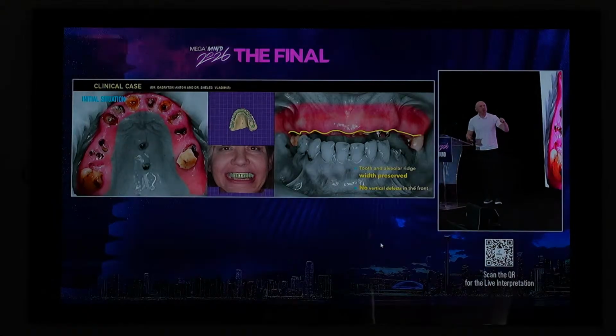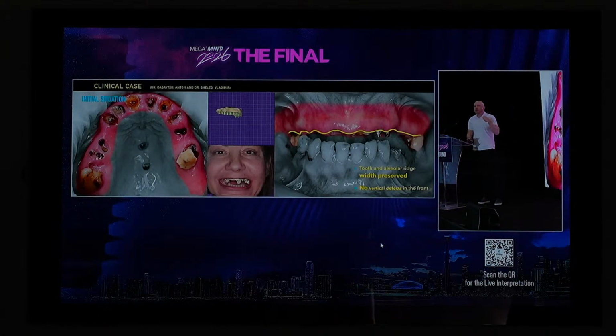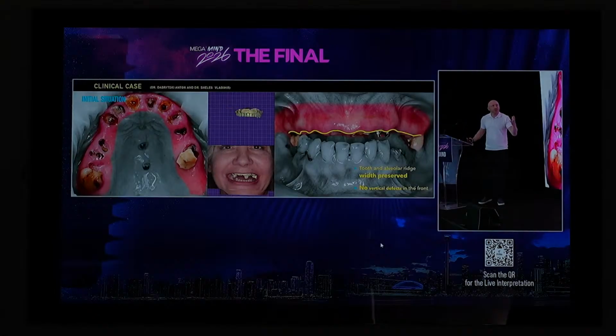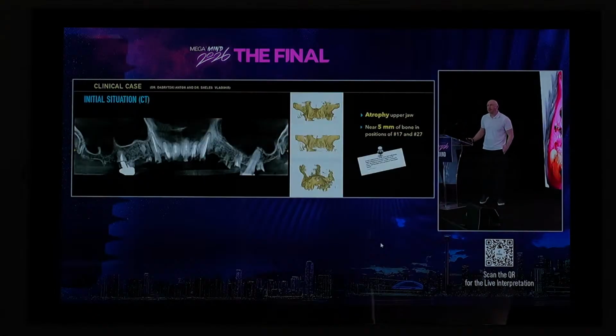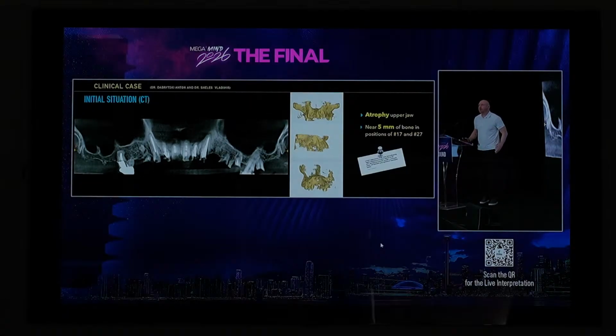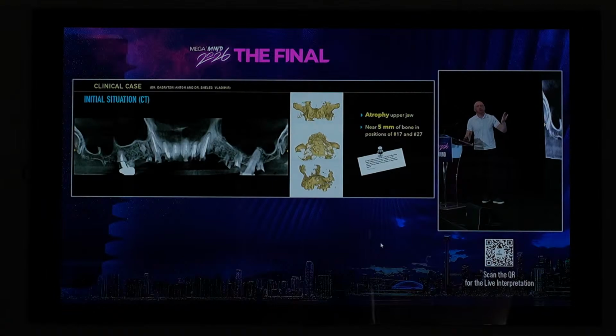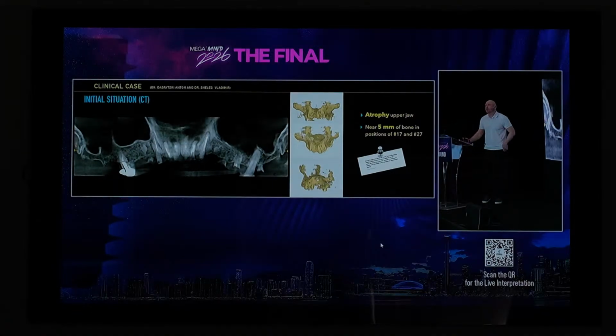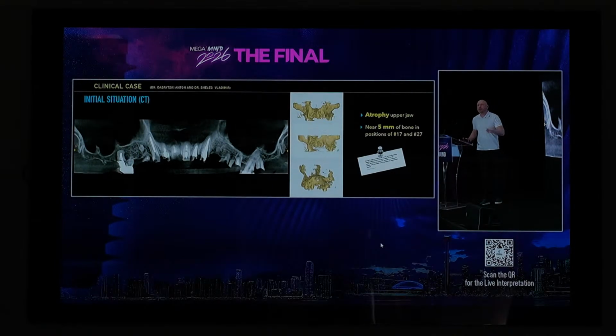The first part of our work is, of course, the digital workup to see the final result of our reconstruction. The next is examination of the CT. There are no difficulties, no problems in the front zone of the upper jaw because of the presence of the tooth roots.